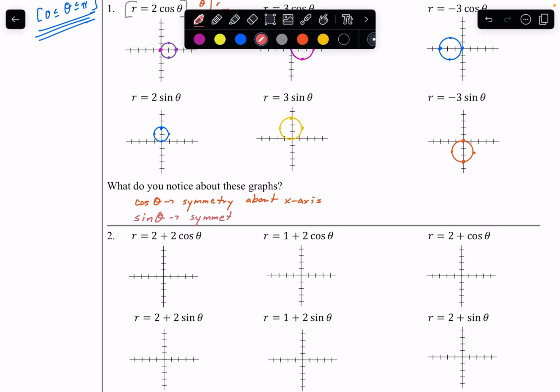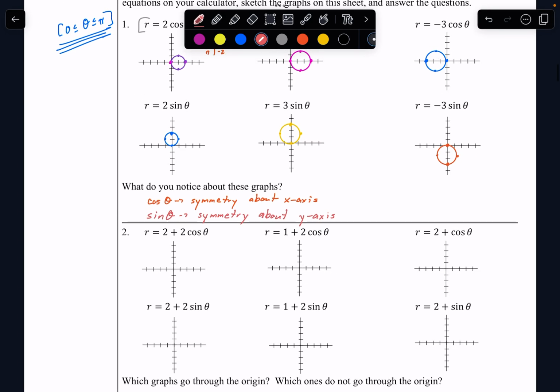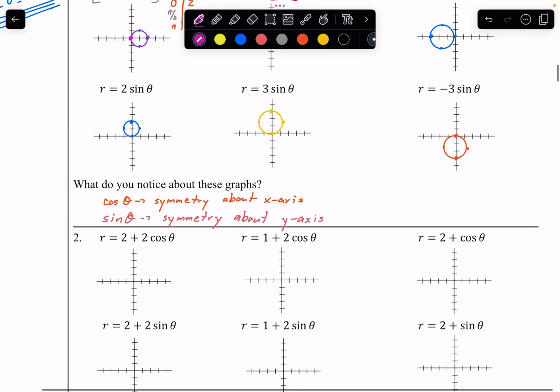And we expect that based on our previous knowledge of sine and cosine. But that's going to be really, really important to us so we can build these more efficiently. And then pay attention to the negative. So be careful with negative coefficients.